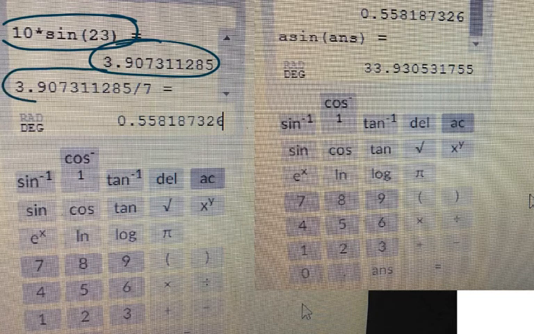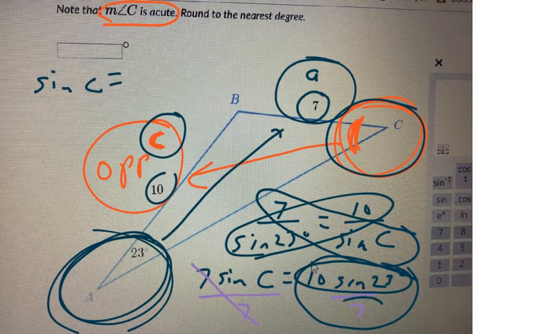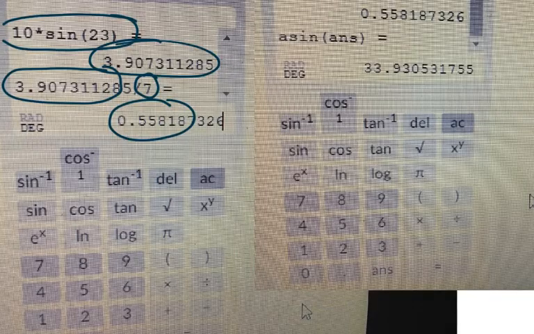I then took that and divided by 7. 0.55818, right? So again, I did 10 times the sine of 23, divided by 7, and got 0.558 basically. Now, I'm not going to write down the whole number. I'm just showing my work a little bit here.